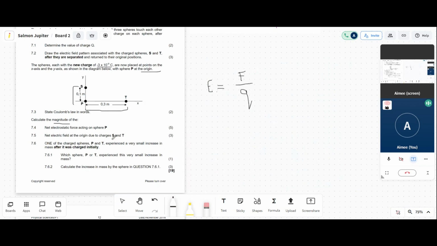And they're specifically asking for the electric field due to S and T. Okay, so due to S and T.